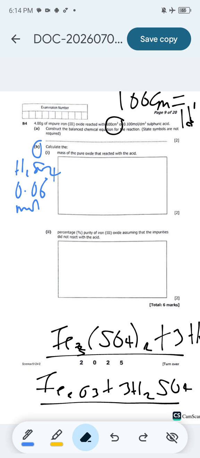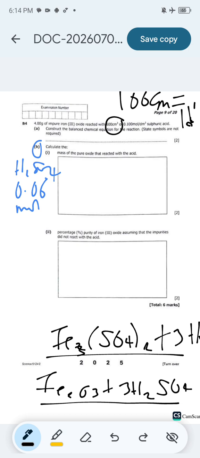We balance the equation, and then for us to find the mass of the pure oxide, because the oxide has not been given parameters, we need to first calculate the available moles for sulfuric acid. You see how this is going to go. So if we find 0.06 moles of sulfuric acid, we can now use the mole ratios within the equation to calculate the number of moles for iron.